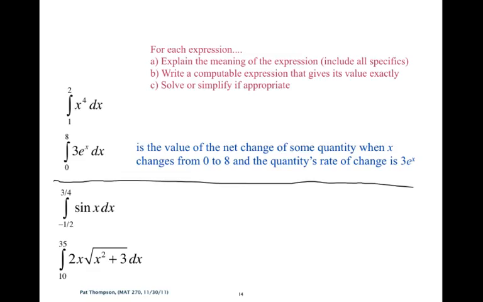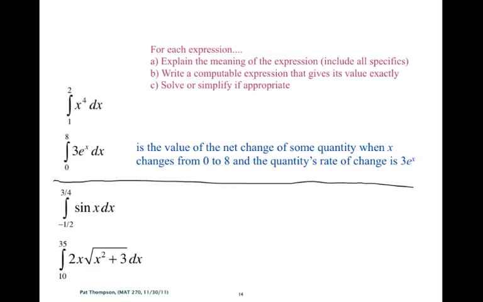Okay, so can someone tell me the whole thing for the first one? Somebody new. Integral from 1 to 2 of x to the 4th dx. What's the entire meaning of that? Yes, sir. The entire function is the accumulation between the points, and the integral from 1 to 2 shows between the x values of 1 and 2.